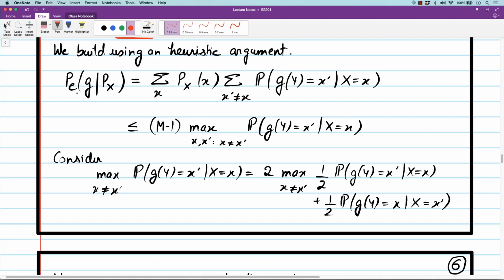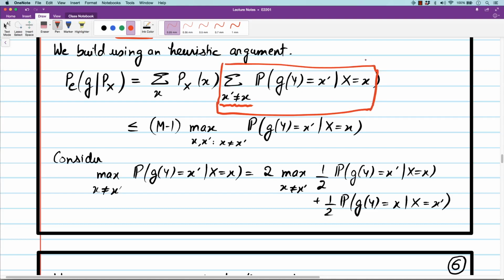So look at this probability of error of g given Px. This is the average probability of error. It is the average over Px. How can error occur? An error can occur if you declare an x prime which differs from x. So all these y's for which the declared x prime is different from x will count as error under x.